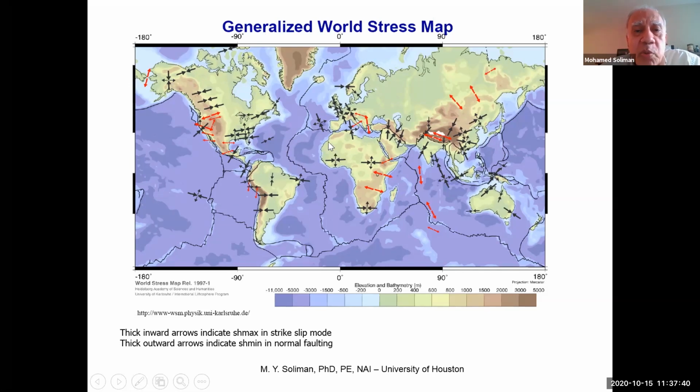After the Second World War, exploration of the bottom of the ocean revealed this volcano-type line. Around Indonesia, this is what caused the tsunami back in 2005, maybe around that time. There was a huge tsunami that killed 250,000 people.